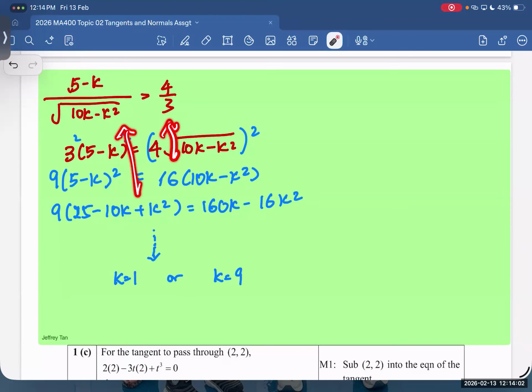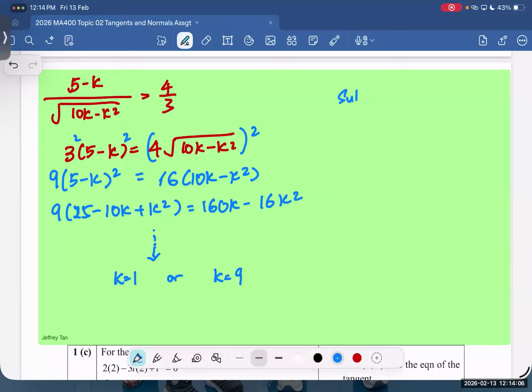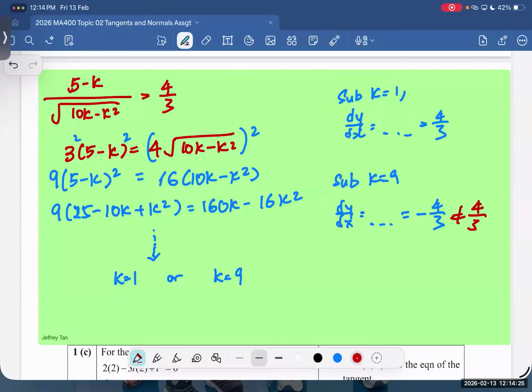It's possible you get unwanted answers. That is why you must check. If I sub k equals 1, your dy/dx will indeed give you 4/3. But when you sub k equals 9, your dy/dx will not give you 4/3. It will give you something like negative 4/3. It is a red flag. Do not go out with this person.